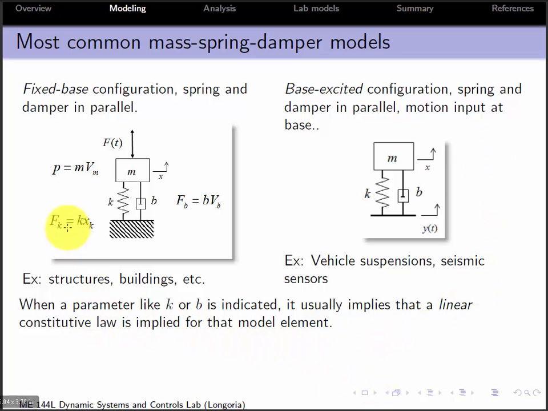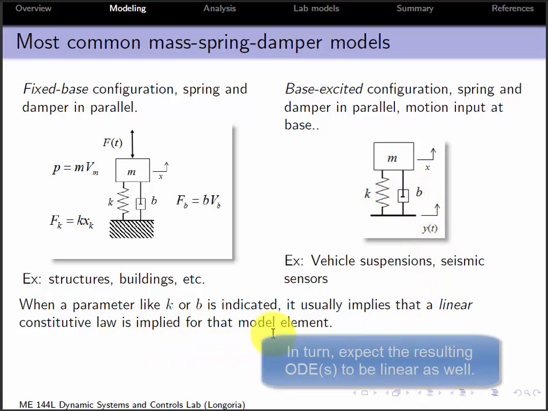Whenever you see the values K and B given as here, we're making the assumption that those elements are modeling materials or components that have linear constitutive relationships between the forces and their respective parameters, in this case velocity or displacement. That's something you will have seen in your dynamic systems class, for example.